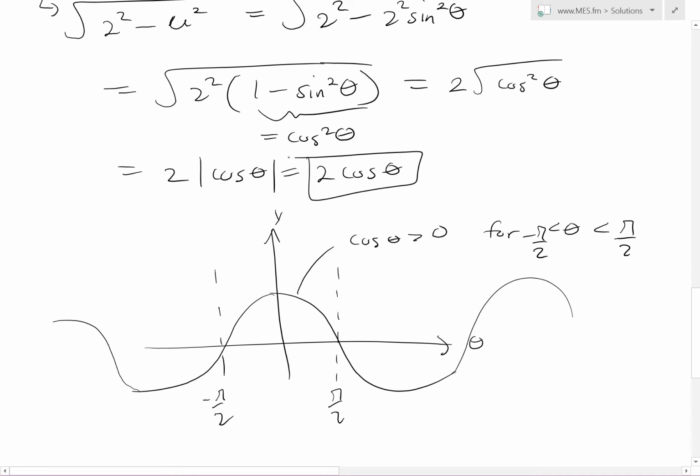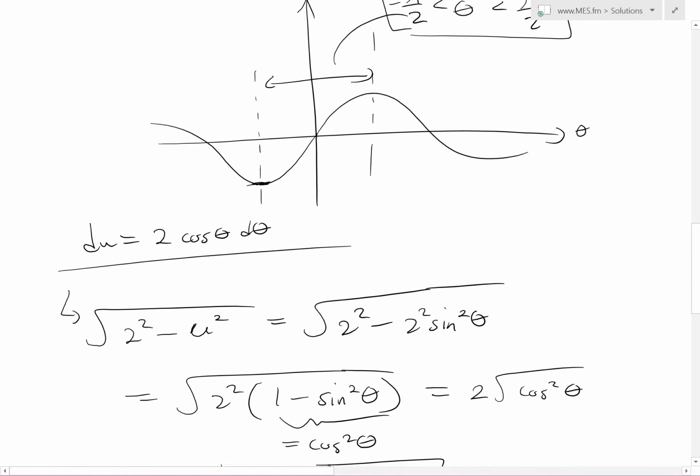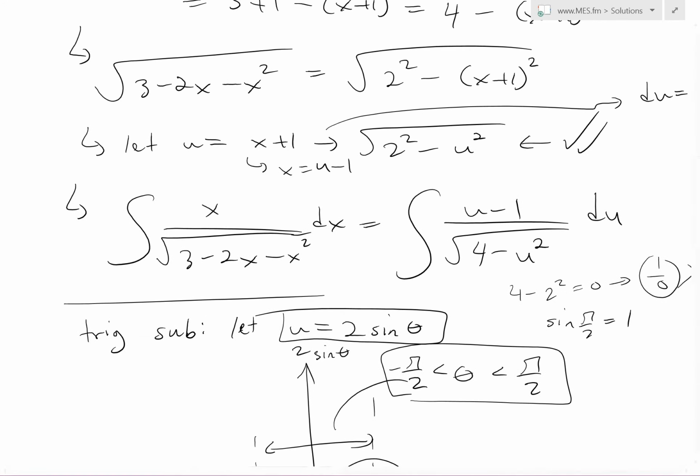So now that we have all of this, let's put it all together. We get the integral of u minus 1 over the square root of 4 minus u squared du.